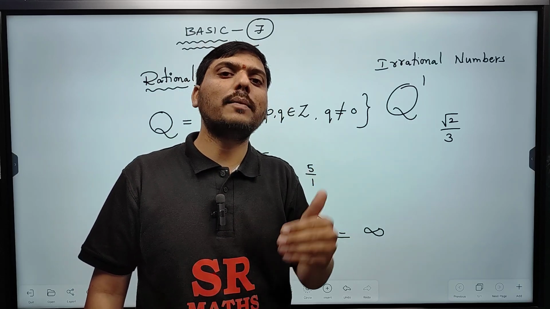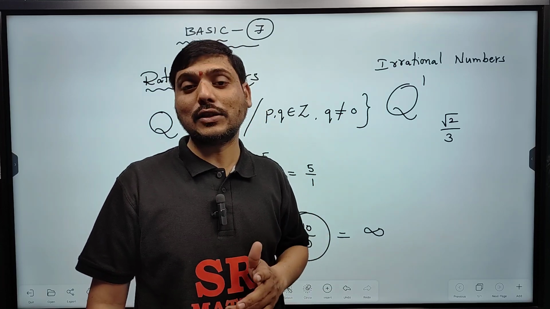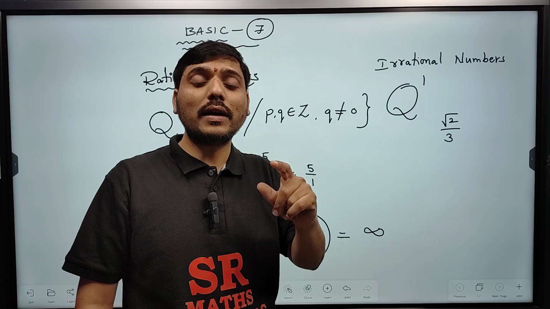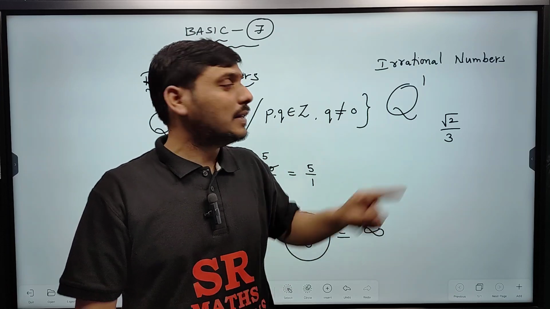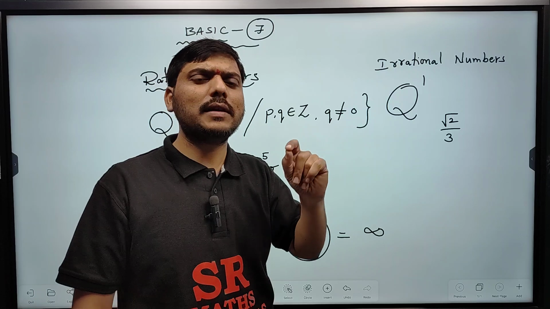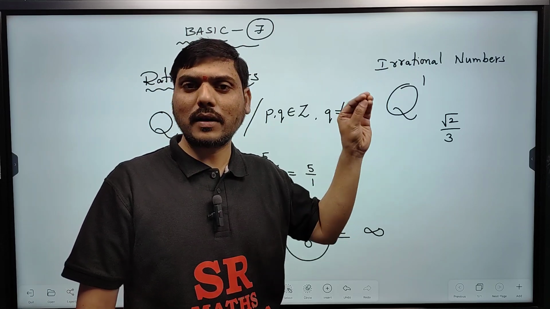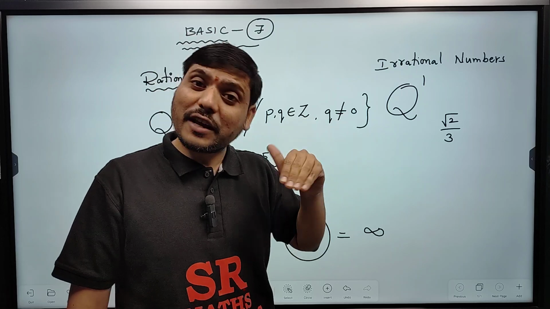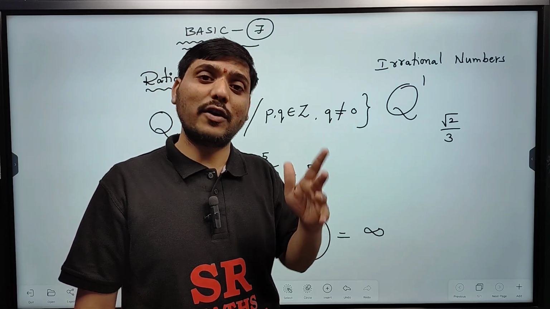Root 2 cannot be in the integers. Root 2 is not inside the integers, so root 2 is an irrational number. Simply put, numbers having roots are irrational numbers. Not every root value is irrational; some may not be.